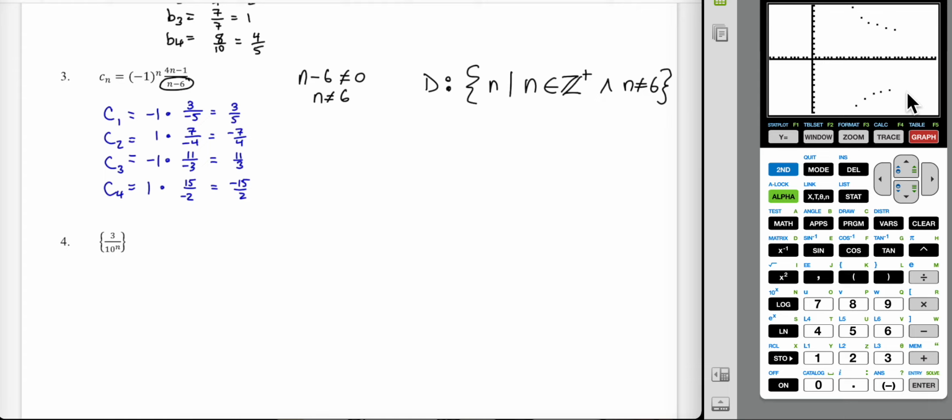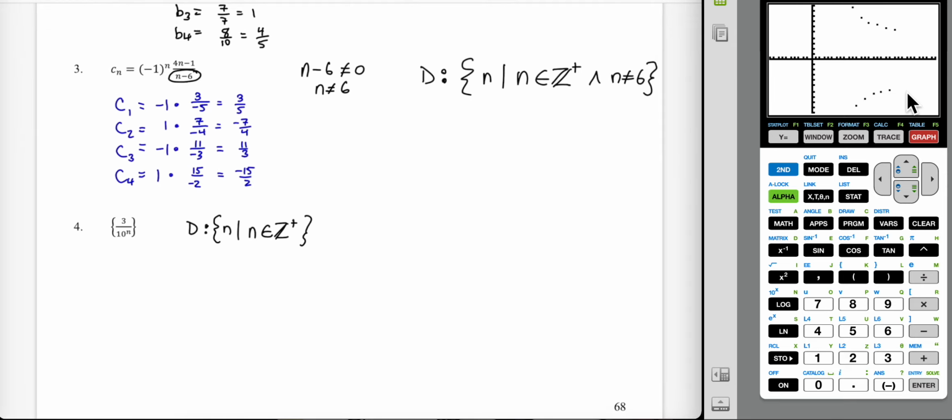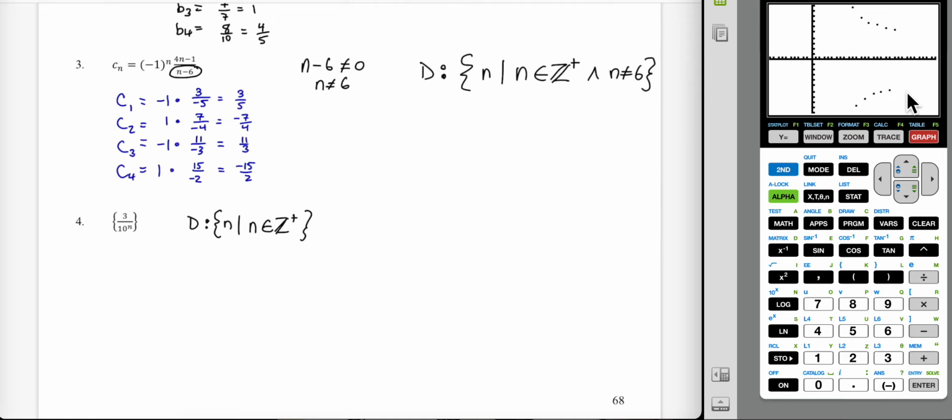Now, in the case of number 4, there is no value of n that's going to make it undefined or imaginary, so our domain is simply, the set of n such that n belongs to the set of positive integers. All right, so I'd be looking at, now this isn't defined as really anything in terms of a sub n, b sub n, whatever.